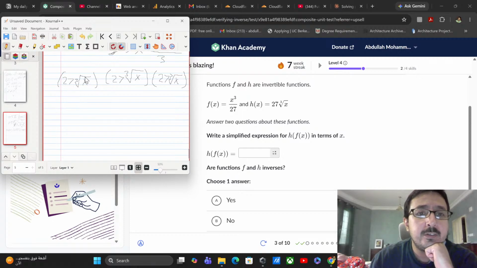27 and 27 and 27. It's not, it's the same.